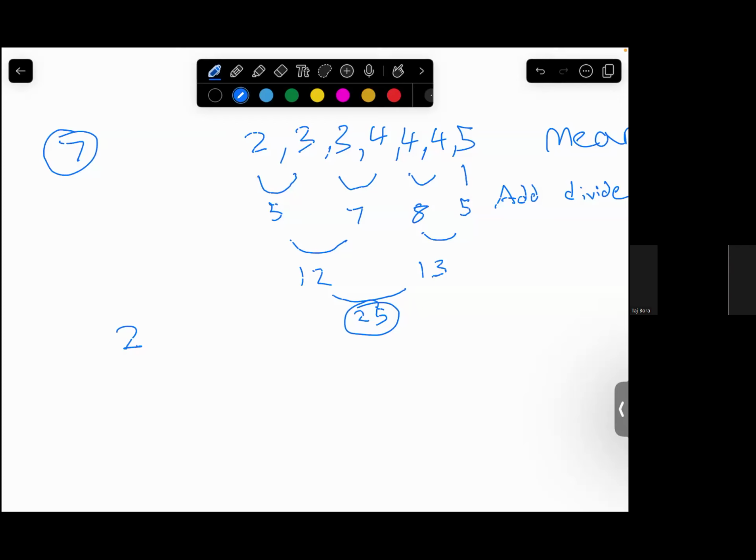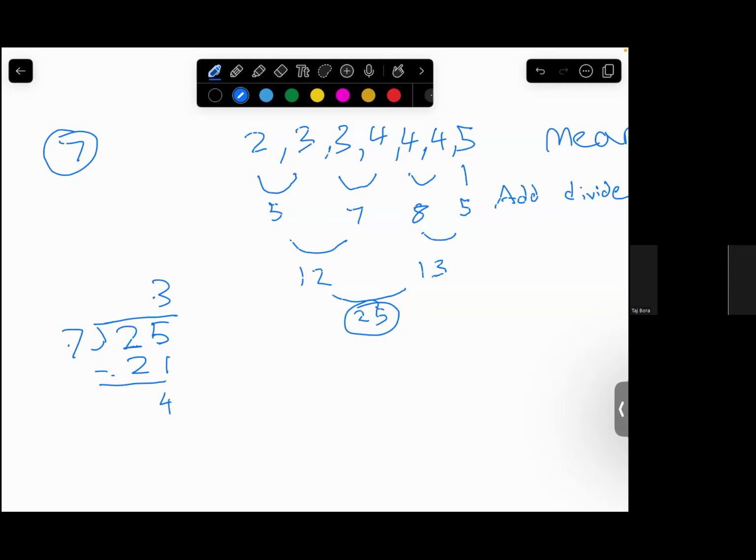So we have 25, and we are dividing by 7. So 7 can go into 25 3 times, and then 3 times 7 is 21. We subtract, and this would be 4.